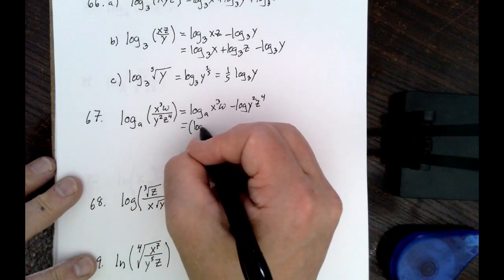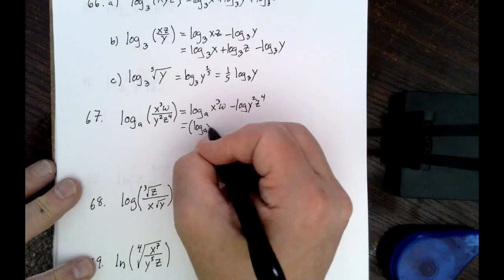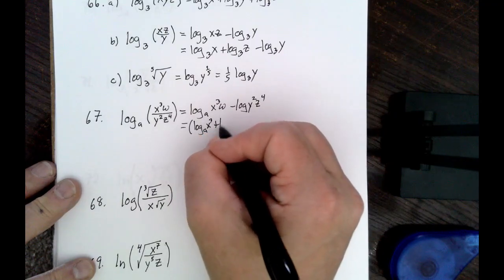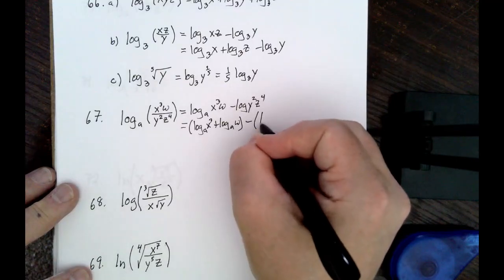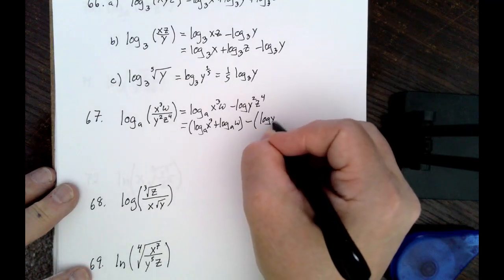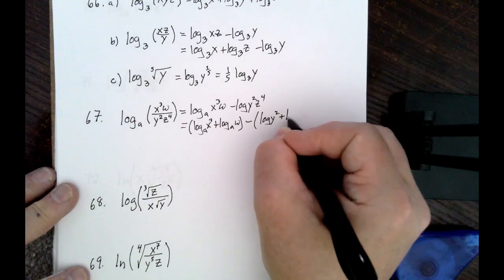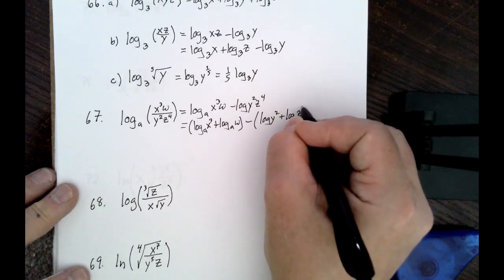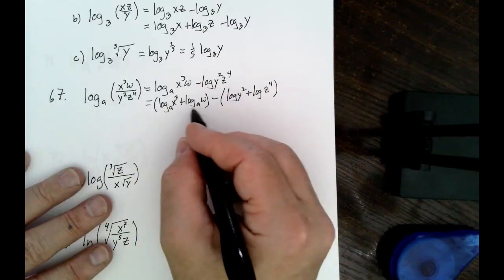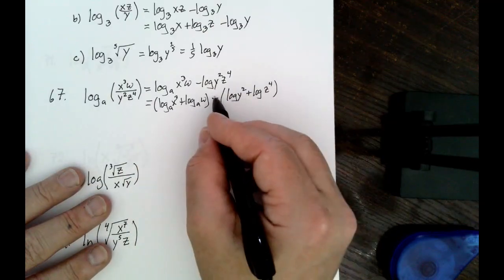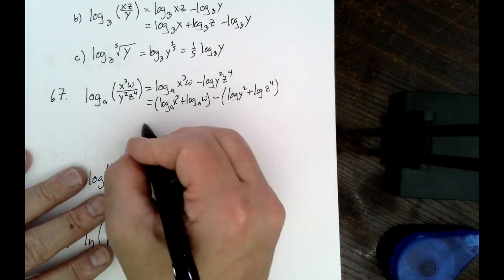Let's put them in parentheses so I can show you how you need to be careful here. Okay, so when you drop your parentheses, nothing changes with these two, but these two, you hit each one with that negative sign.